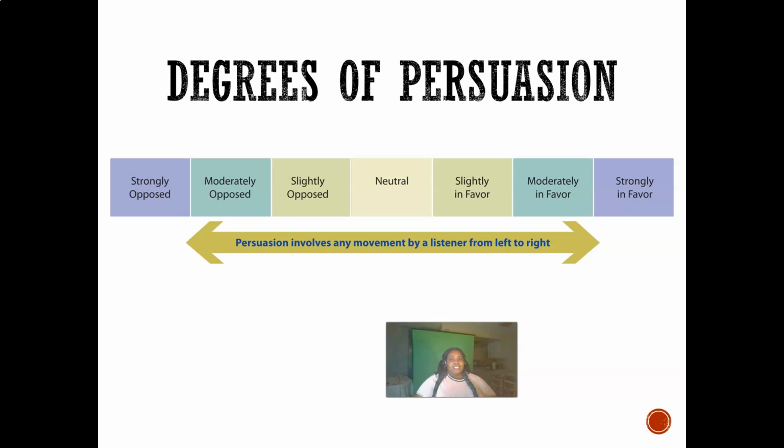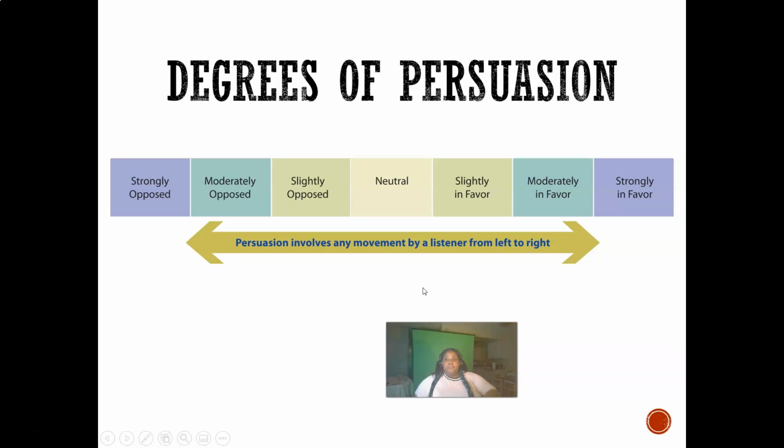You might ask 10 people what they think about a certain issue on the ballot, and you might get 10 different responses because depending on how close the issue is to their values or morals or actions, or how it affects them, they may be strongly opposed, strongly in favor of, completely neutral, and everything in between on a certain issue.